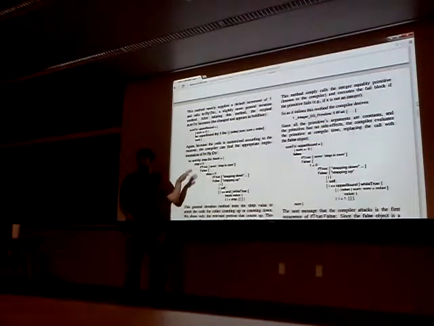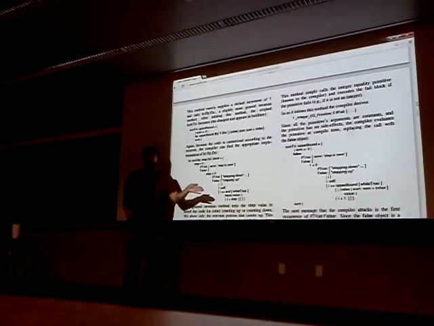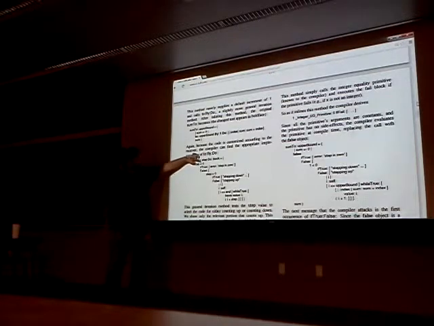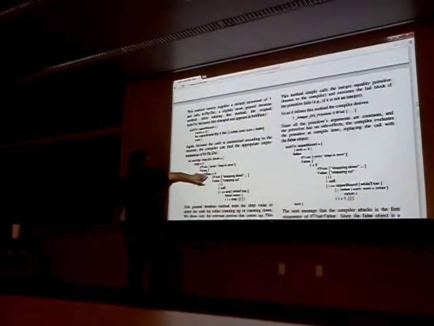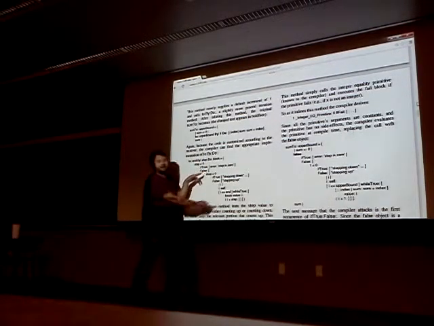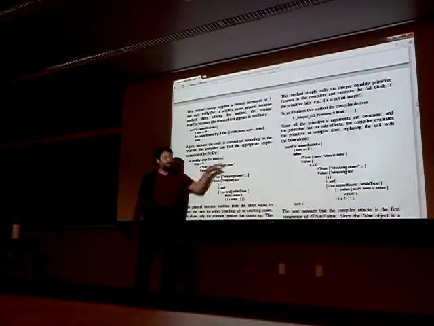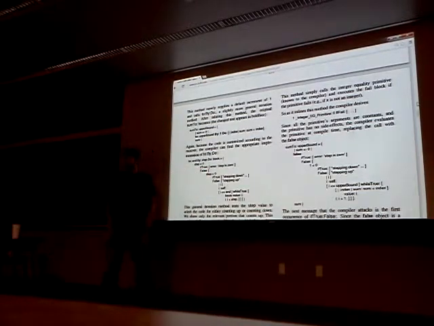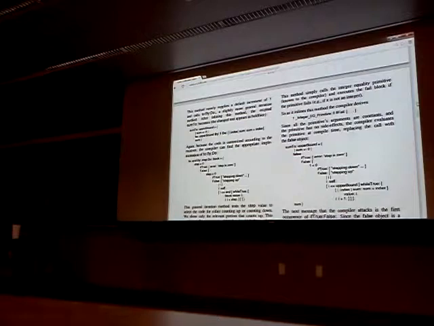And this message send will dynamically dispatch two different implementations depending on whether this is the true object or the false object, right? What does the false object do? Well, the false object takes these two things and evaluates the false block, and the true object evaluates the true block, right? So it's a very interesting way of thinking about an if statement.